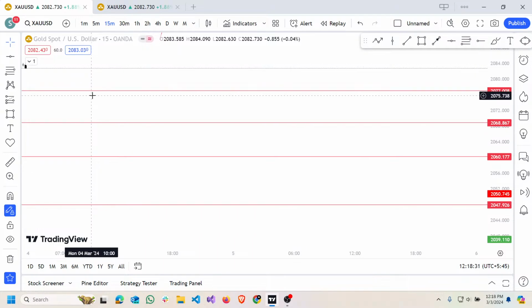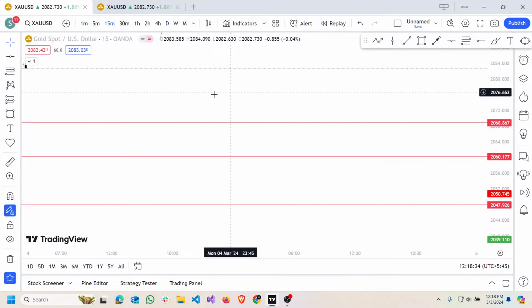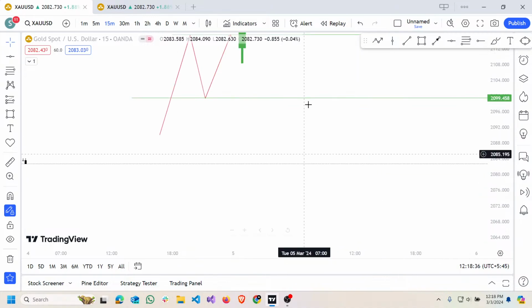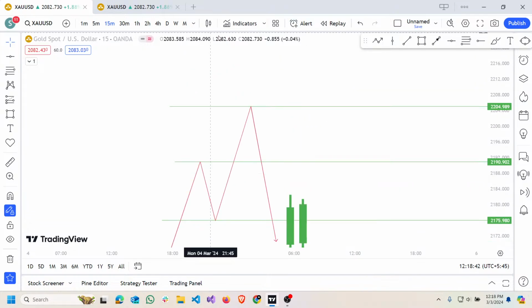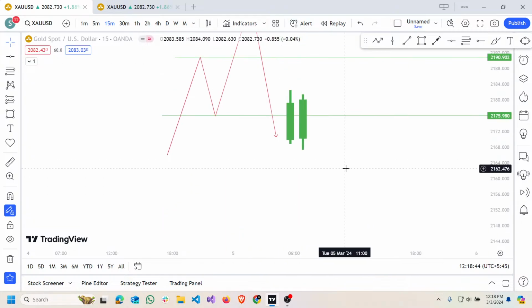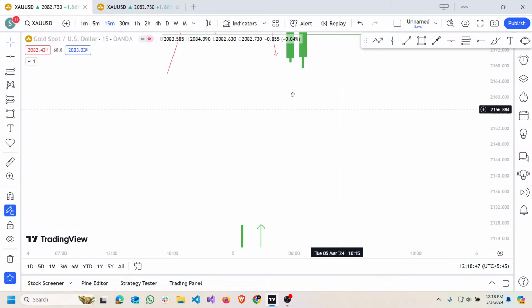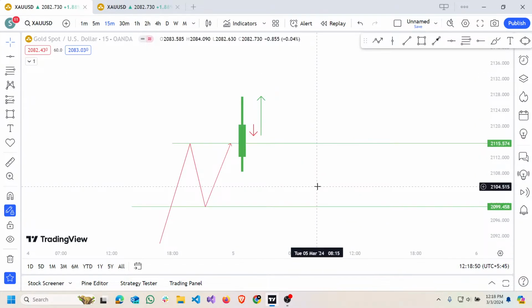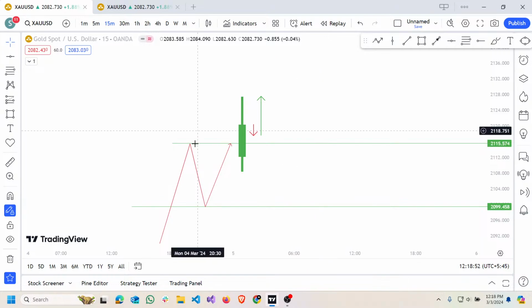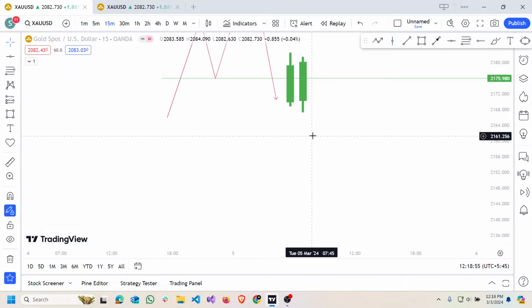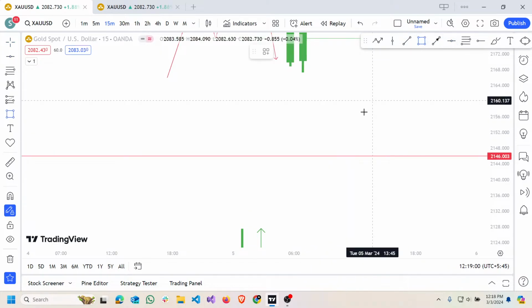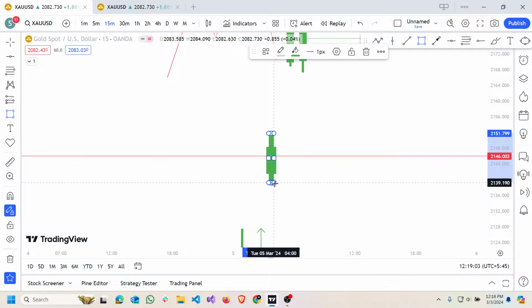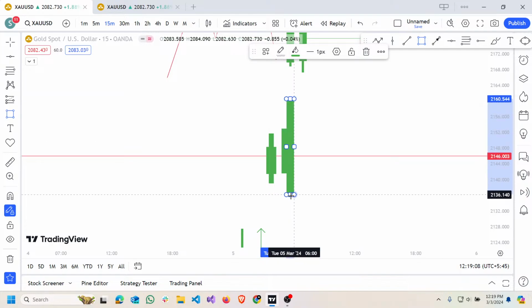And what is setup four? I think that is all my setups. This is closing above, and this is for a fake out. So basically, this is the resistance, and we have this candle closing like this, and our next candle is closing inside the range.